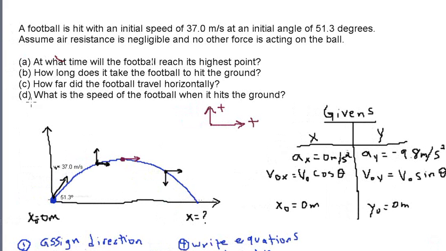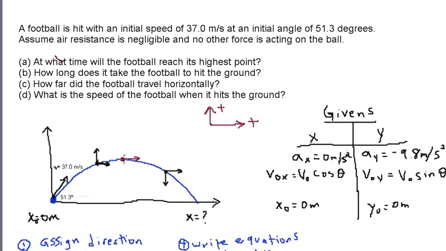And finally, problem D says, what is the speed of the football when it hits the ground? Well, this has nothing to do with components. Problem D has nothing to do with components. It has to do with the actual speed of the football. We know that the football was kicked at an initial speed of 37 meters per second. Based on symmetry, the football is going to go up, and it's slowing down as it goes up, and it's going to reach 0 meters per second at this point.